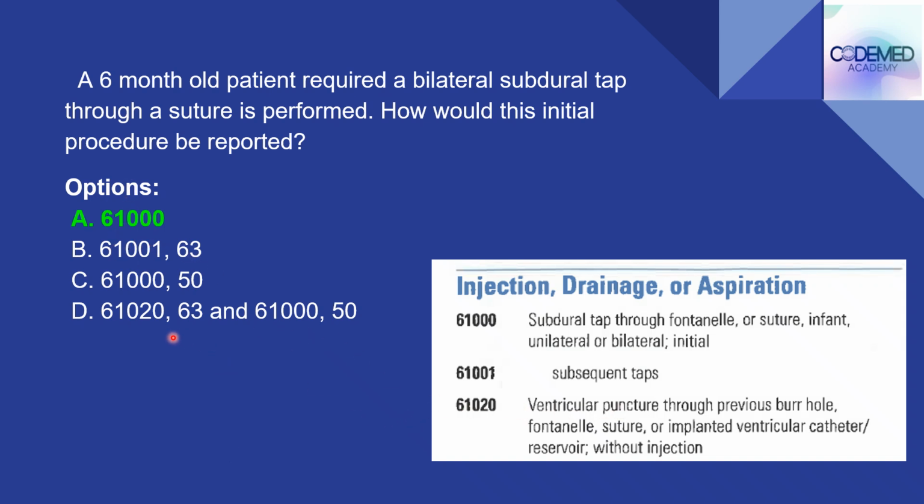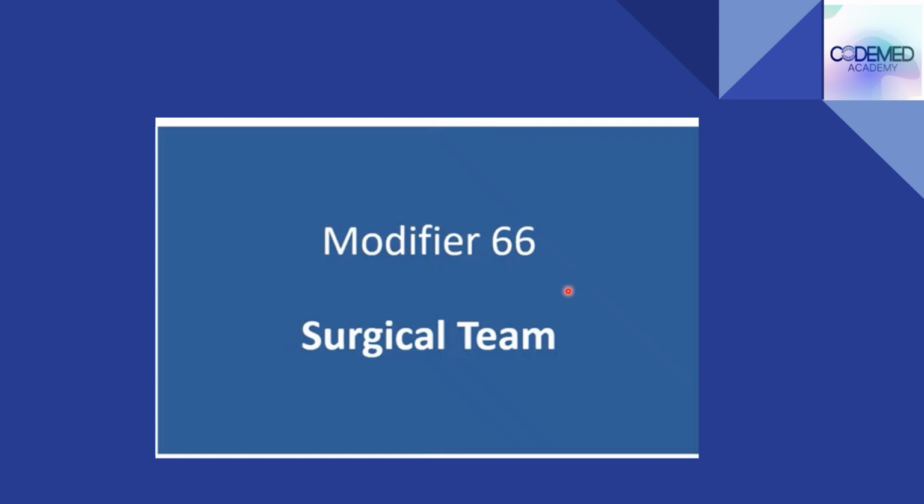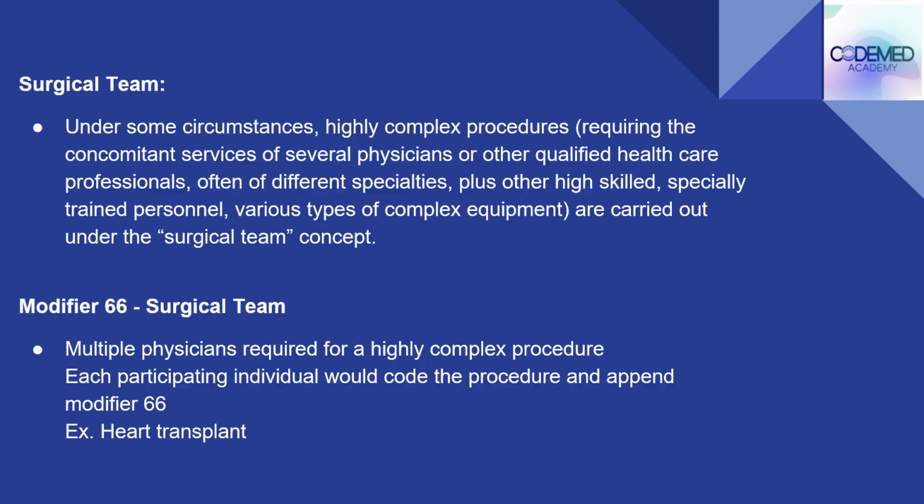We have already eliminated the answer B, and there is no need to put a modifier 50 because though the procedure is bilateral, we have already seen that language in the code. Modifier 66, surgical team.